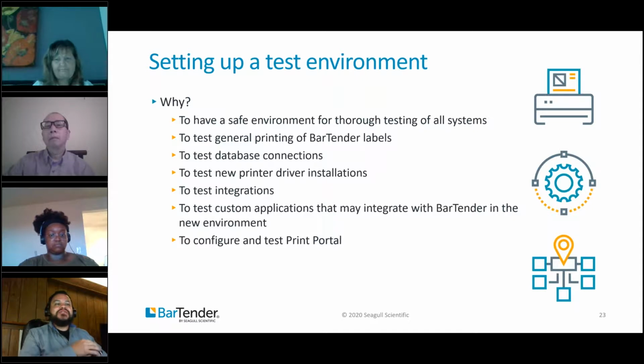Those are pretty common terms that I'm sure a lot of us are familiar with. So it's not going to be a new server that just goes straight to prod. And that's effectively the suggested approach when we're migrating and updating to BarTender 2019.